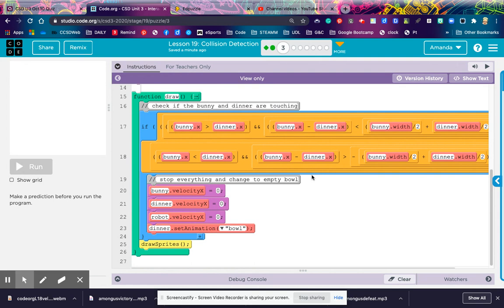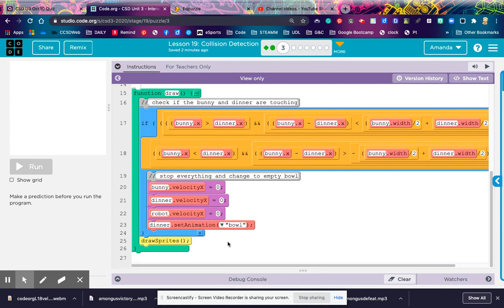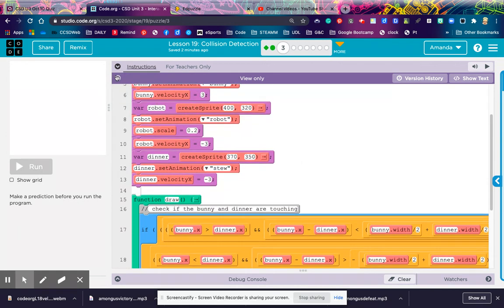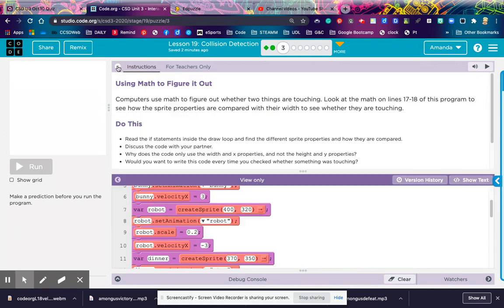Bunny.x is less than dinner.x, and bunny.x minus dinner.x is greater than... Wow. Stop everything and change to empty bowl. Then it says bunny.velocity x equals 0, dinner.velocity x equals 0, robot.velocity x equals 0, dinner set animation to bowl. Holy moly, that is a lot of math.